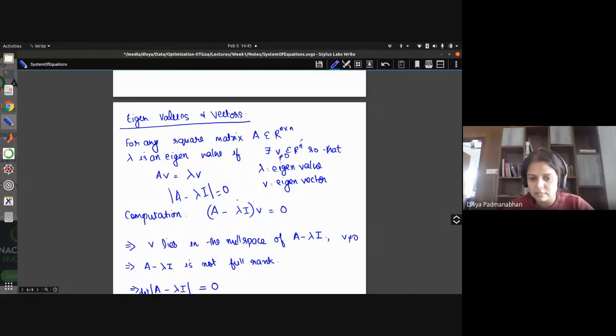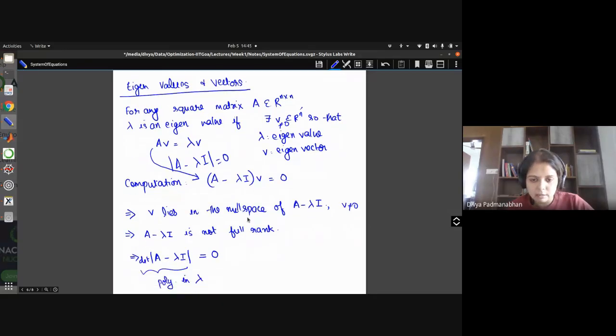One thing you should also know is the connection between null space and determinants. If there is something non-trivial in the null space, something other than the 0 vector, then the determinant is 0. And if a matrix A is full rank, then the determinant of A is going to be non-zero.